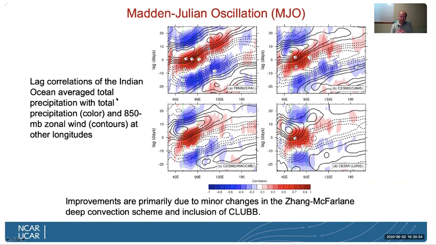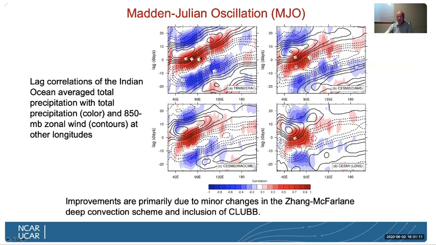So in these plots, the precipitation anomalies are shown with the blue and red colors, and the contours show the 850 millibar zonal wind anomalies.